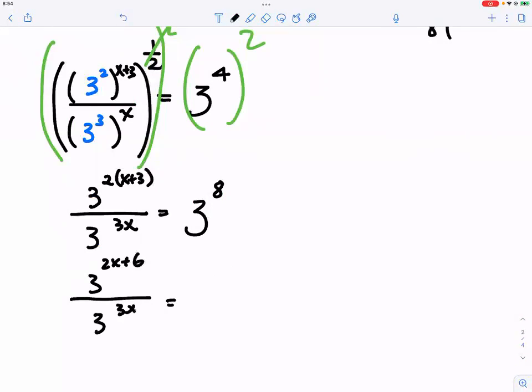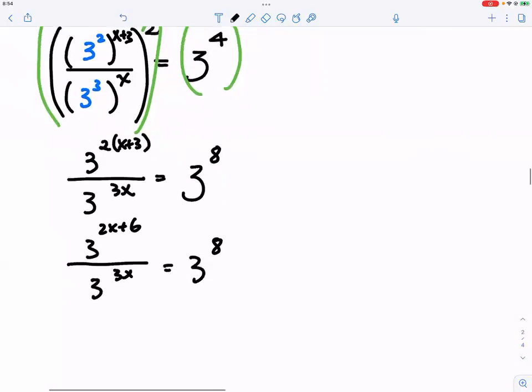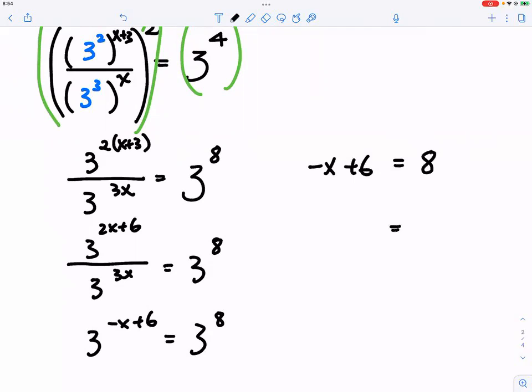My primary concern about all these things is whether you are able to be consistent with all these rules, these properties. So you subtract them. So you have negative x plus 6, equal to 3 to the 8th power. So negative x plus 6 is equal to 8. So negative x is equal to 2. x is equal to negative 2.